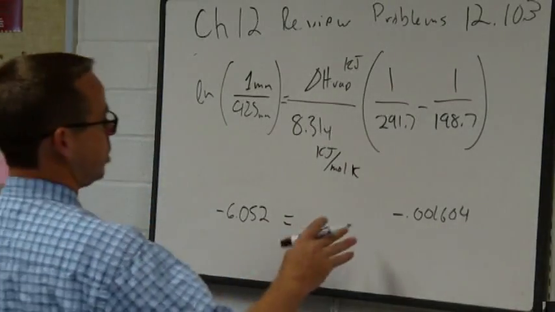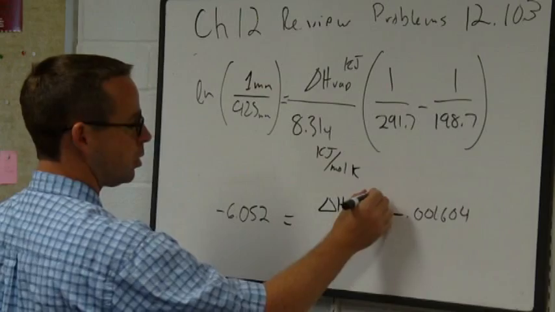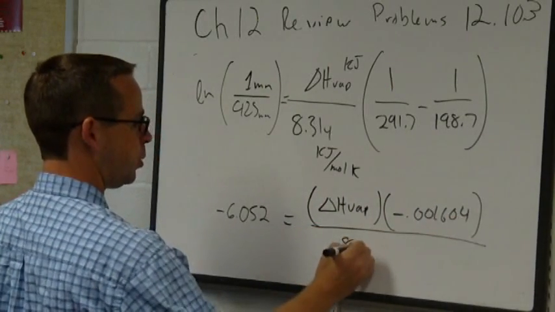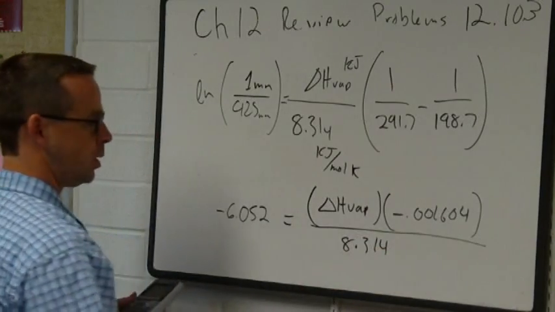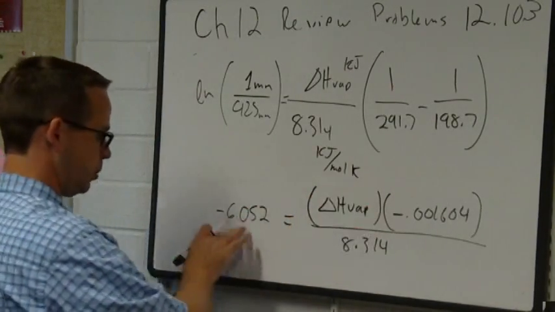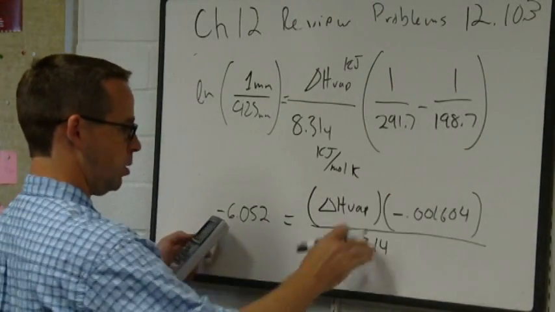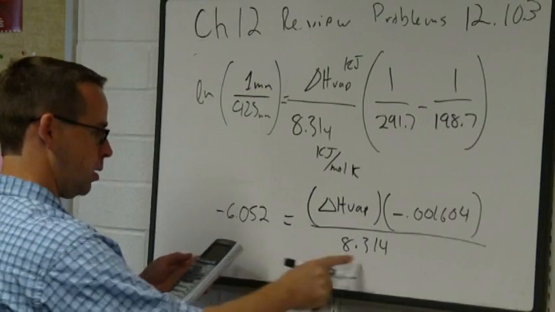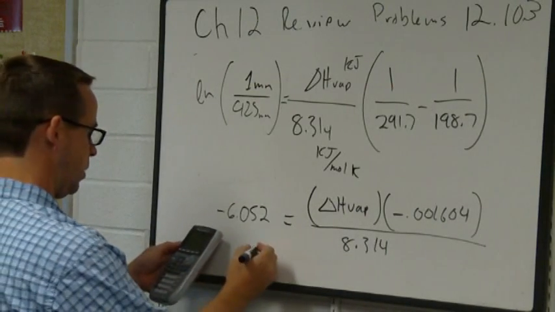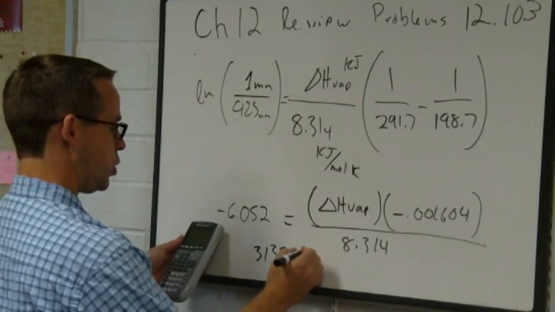All right, so delta H of vaporization all over 8.314, right? To get delta H vaporization by itself, I took this value, divided it by this value, and now I'm going to multiply it by 8.314. And that gives me 31,359. And that should be in joules.